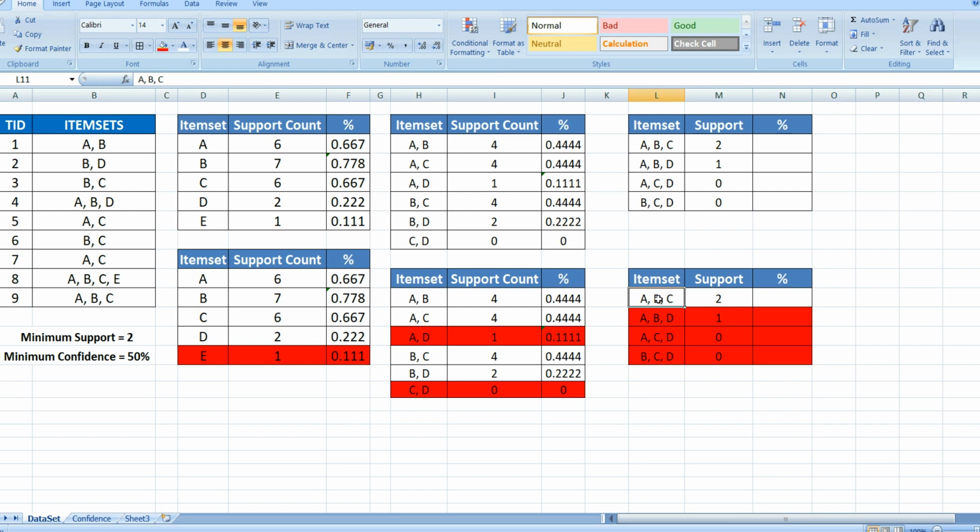So now what we want to do is to then come up with the rules. So to create the rules, we are going to use another sheet.